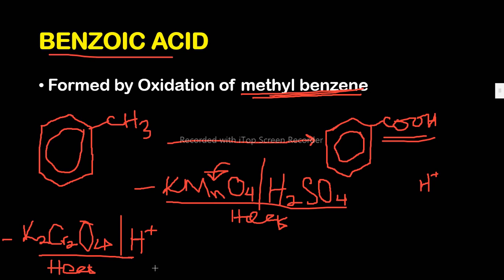So if you react these two with a methyl group here, it will be oxidized to this. Similarly, when you react potassium permanganate with sulfuric acid and heat, then we shall form the benzoic acid.